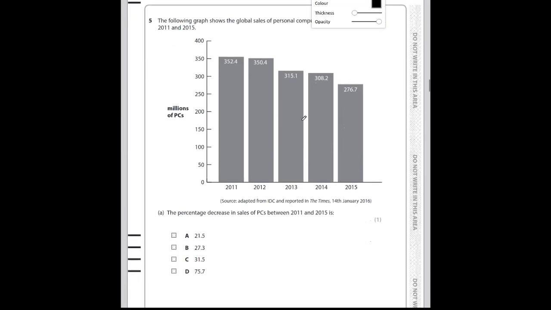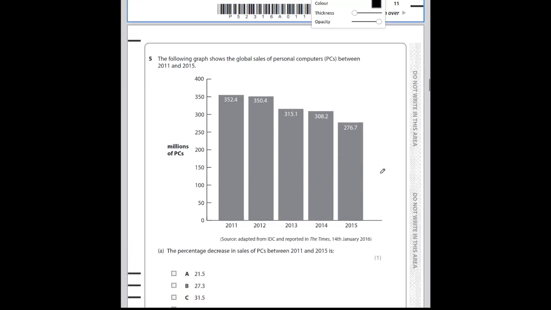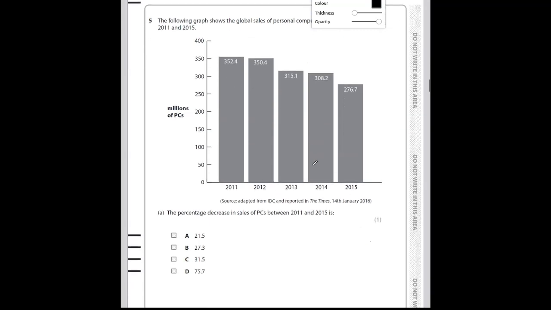5 says the following graph shows the global sales of personal computers, PCs, between 2011 and 2015. So it looks like PCs, we're selling fewer of them. A says the percentage decrease in sale of PCs between 2011 and 2015 is, we're going to want to find a change, right?